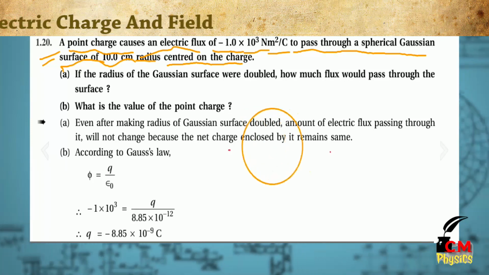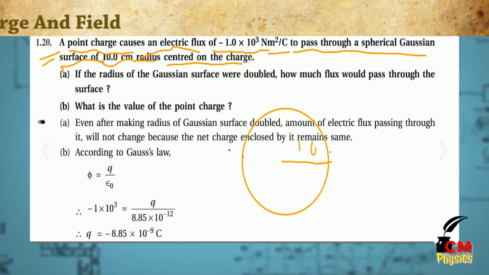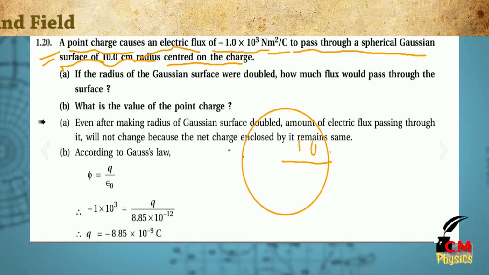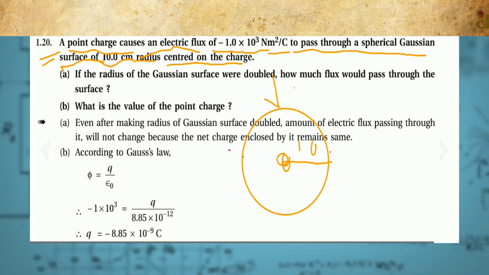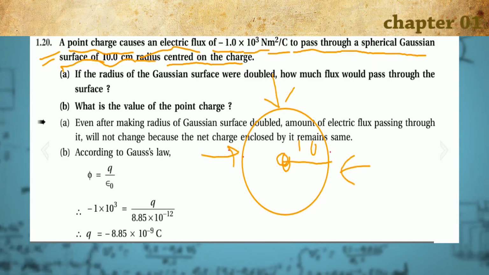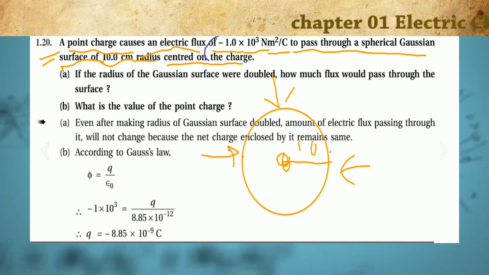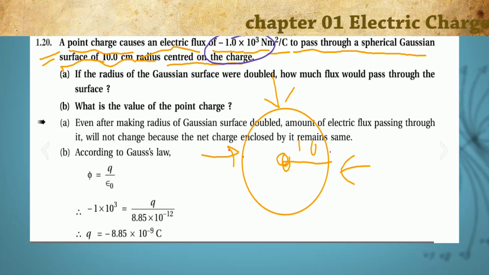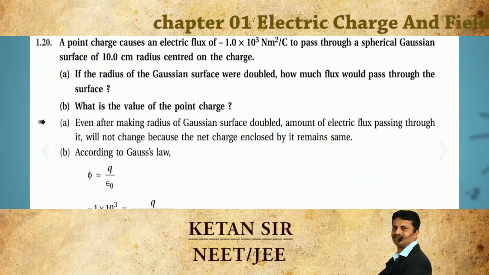One spherical surface of radius 10 centimeter, at the center there is one charge. Due to that, the flux is in the inward direction, of the value minus 1 into 10 raised to 3 Newton meter square per coulomb. The question has two parts.